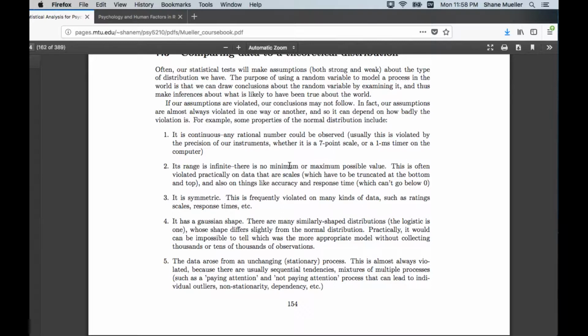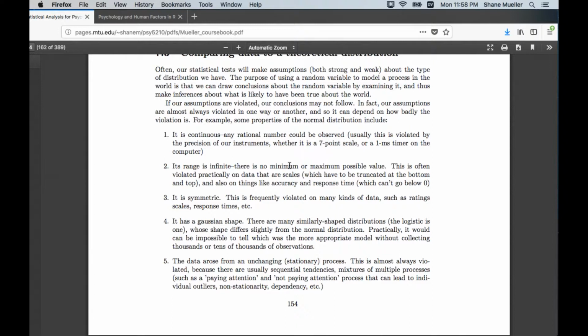So you have to recognize that any rational number could be observed, and this is almost never the case for anything we really measure. Things we measure are usually not really continuous. They are discretized at some level. Even if it's an electron microscope, there's a certain number of microns it can only measure.